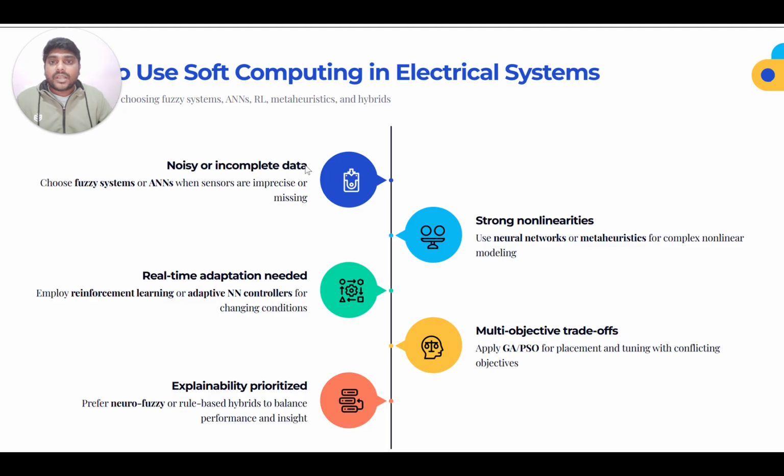Third, when real-time adaptation is required, reinforcement learning and adaptive controllers are suitable. Fourth, in multi-objective scenarios like balancing cost, efficiency, and stability, metaheuristics work very well. And finally, when explainability is important, neuro-fuzzy hybrids can give interpretable insights while maintaining good performance.